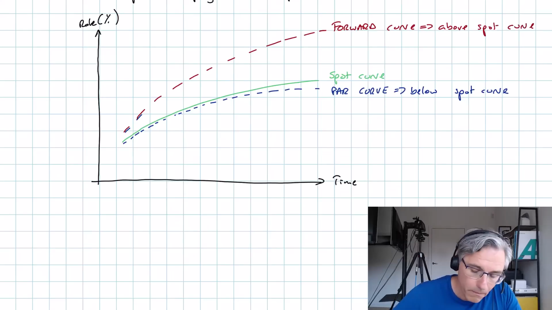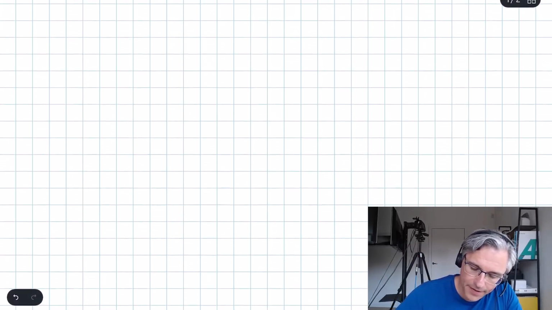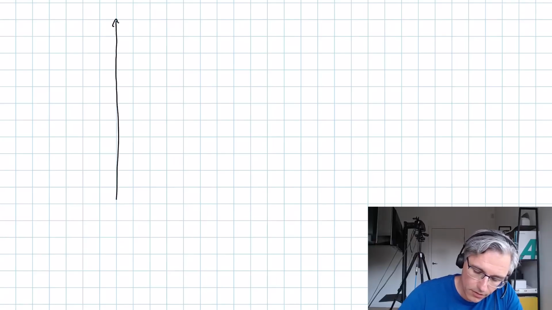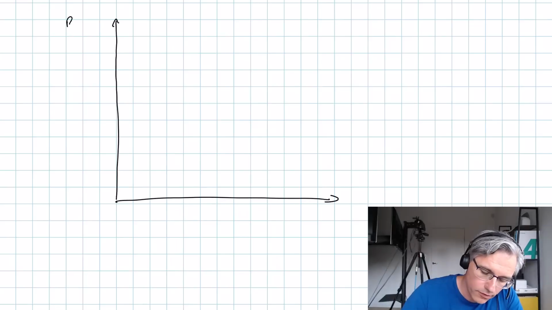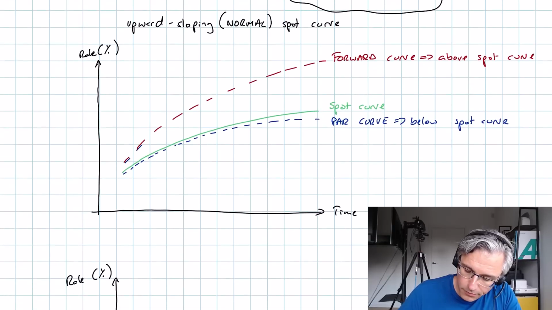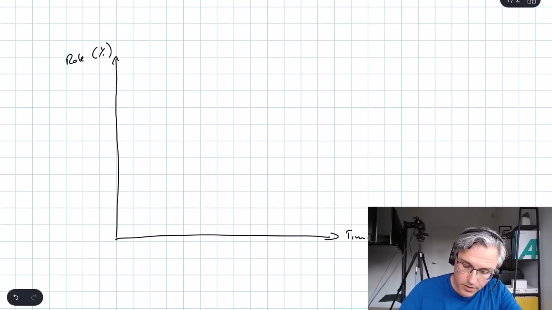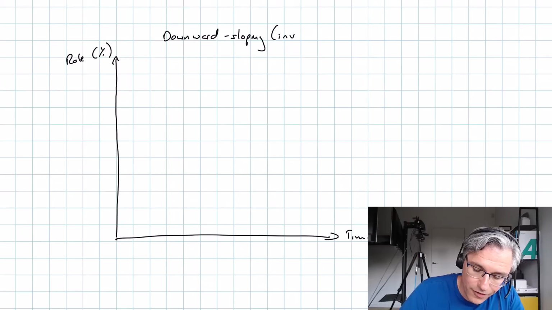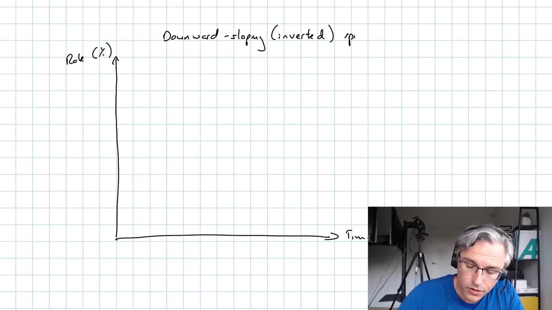Okay, what about in a downward sloping rate environment? So let's draw this. Once again, we've got the rate over here and the time axis over here. And previously we had upward sloping or normal spot curve. Now we're going to have a downward sloping, or inverted spot curve.